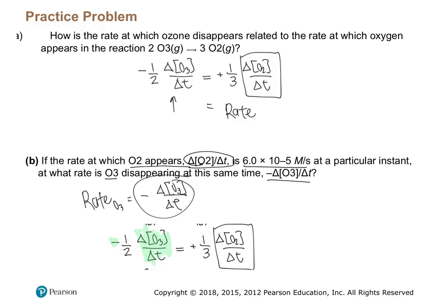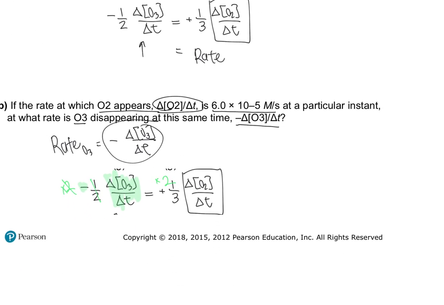So in order to get that all by itself, you can see we need to multiply both sides by 2, and that's going to get rid of the half there. So then we can say that the rate at which ozone disappears, which is negative change in ozone over change in time, is equal to 2/3 the rate at which oxygen appears.